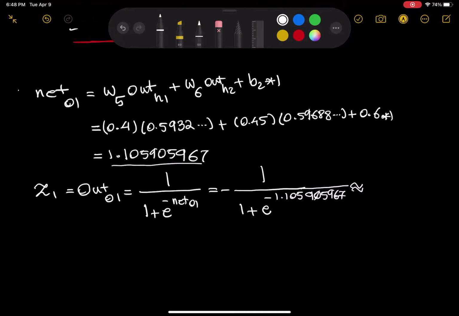That would give us 0.75136507. Good so far?